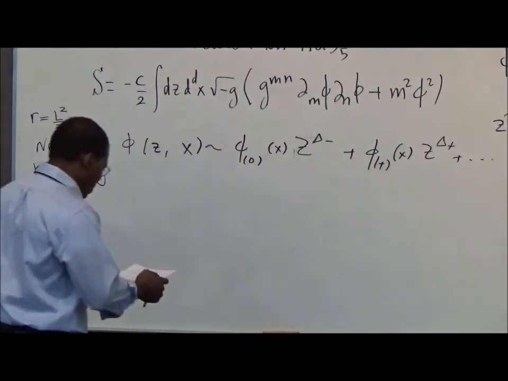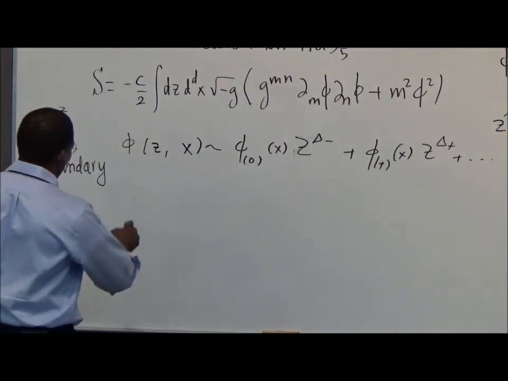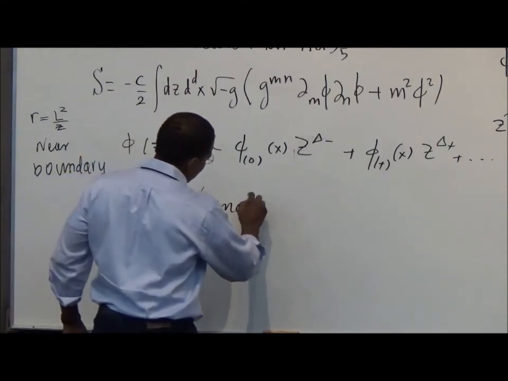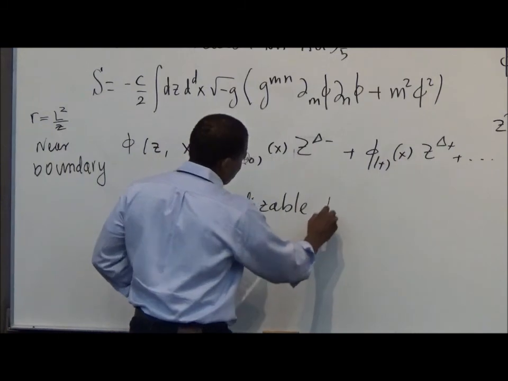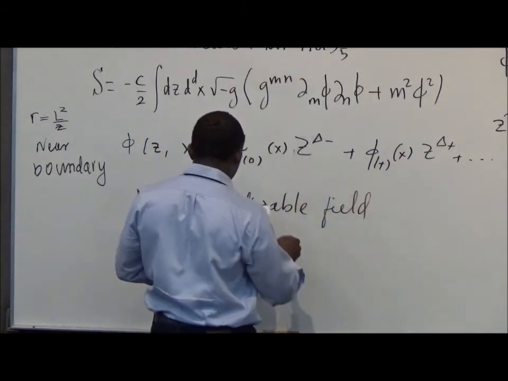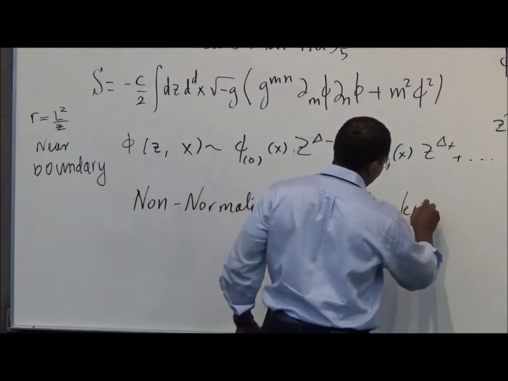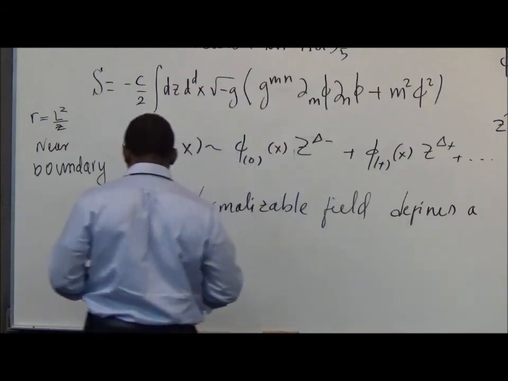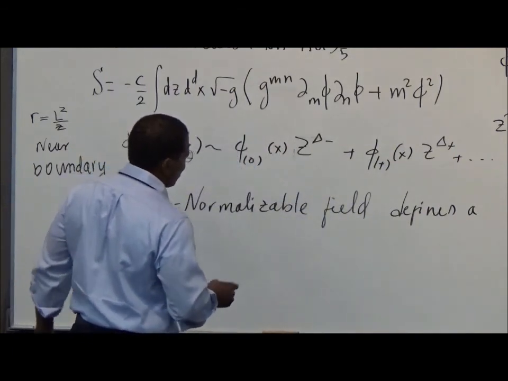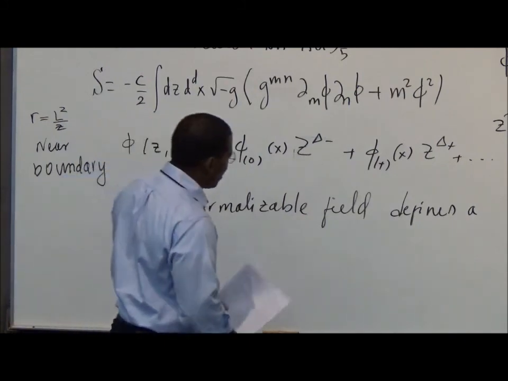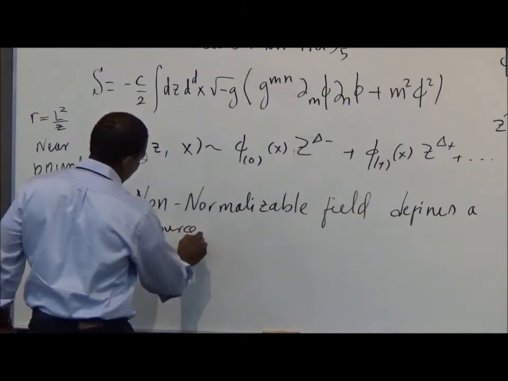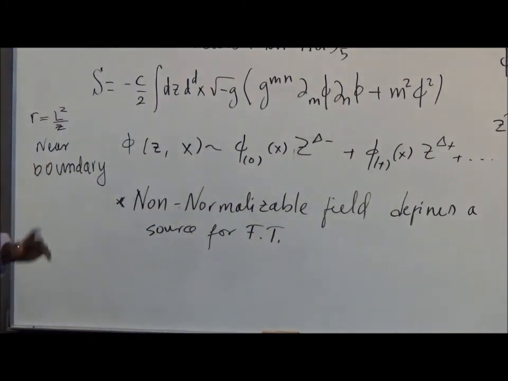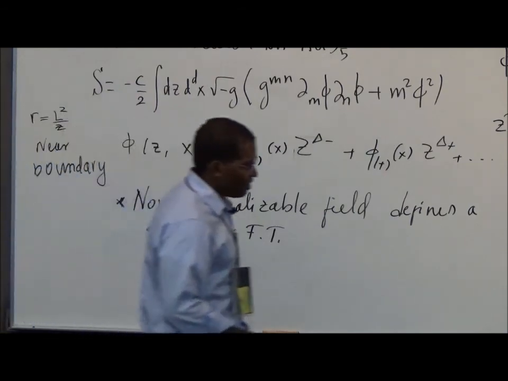And what I want to claim is that this field, in particular the non-normalizable piece of the field, defines, so this is my claim: the non-normalizable part defines a source for the field theory.